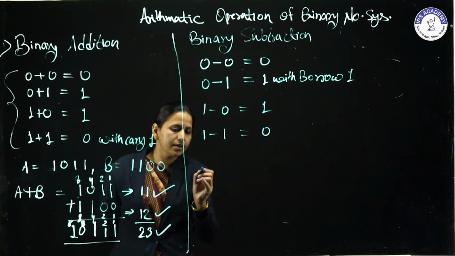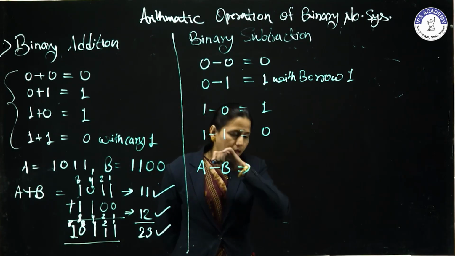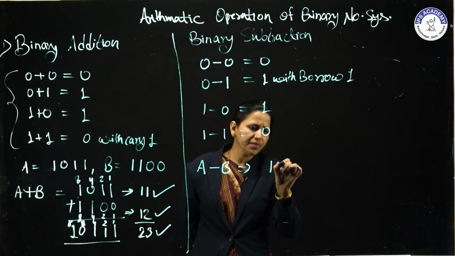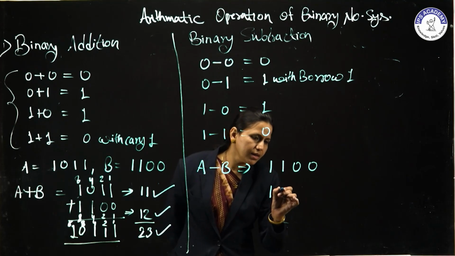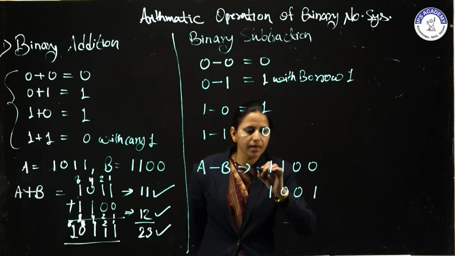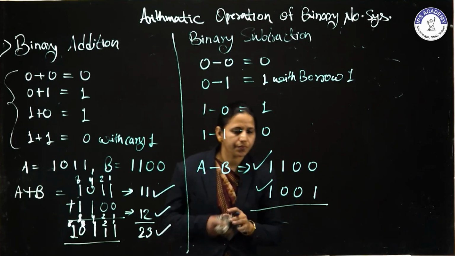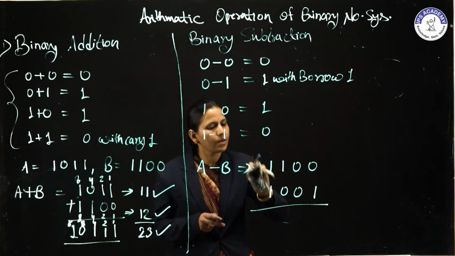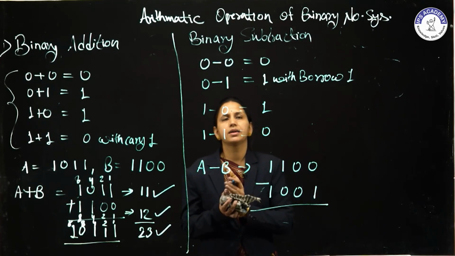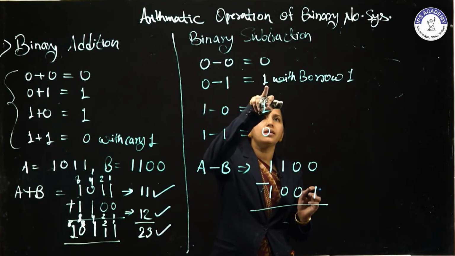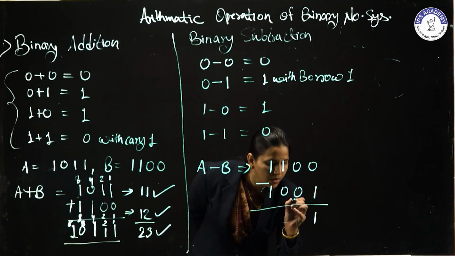So take the example A minus B. Let A be 1100 and B be 1001. This is our A and this is B. So, A minus B. 0 minus 1, 1 with borrow 1.